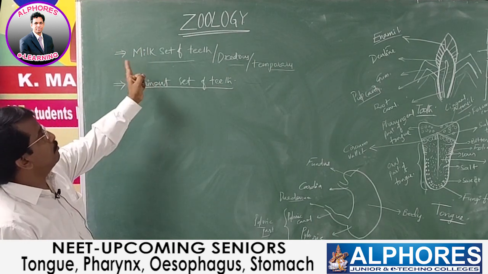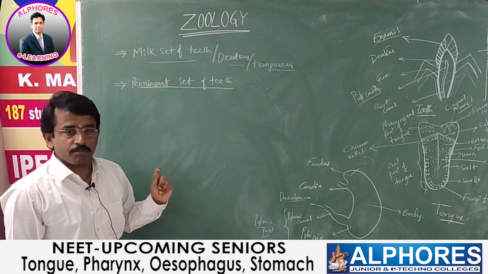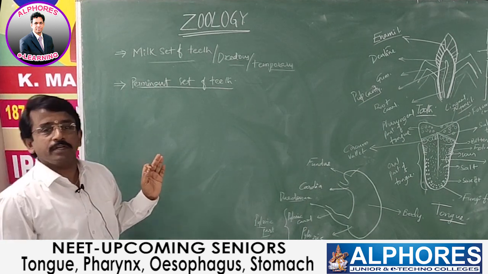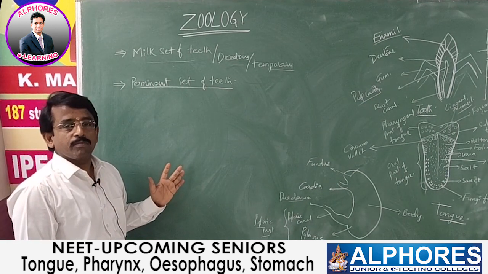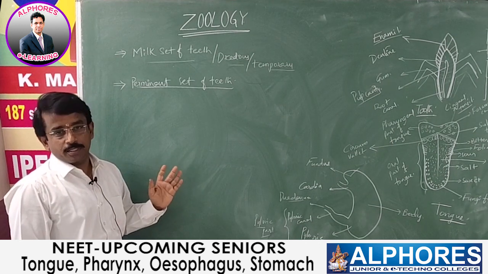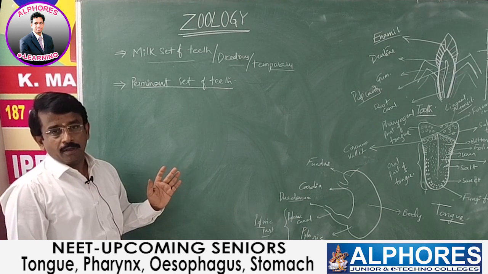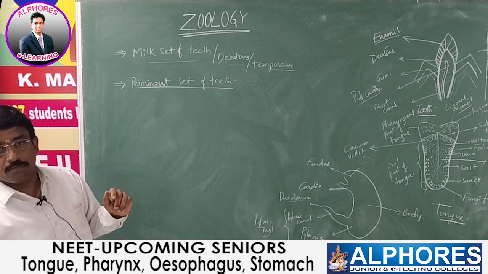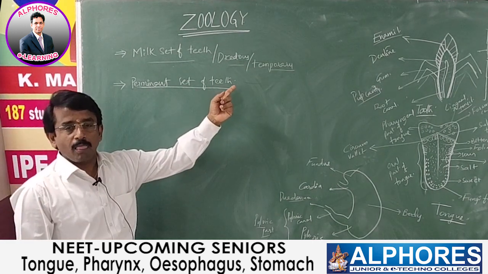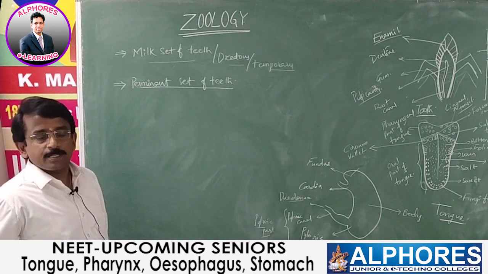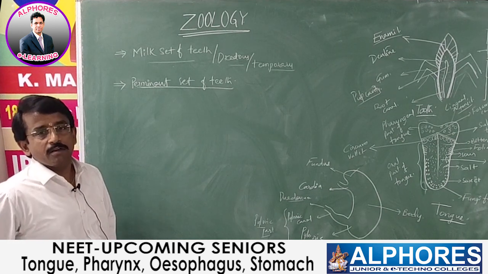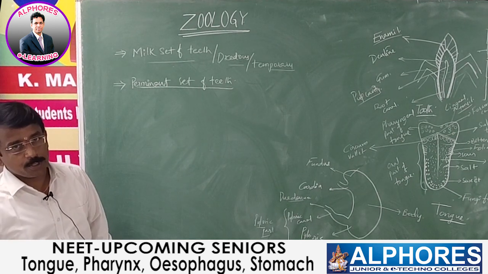In this connection, milk set of teeth formation starts in the infant by 6 months of age, and it is completed by 24 months, which means 2 years. Permanent teeth are formed from 6 years to 8 years, and it continues up to 18 to 25 years.